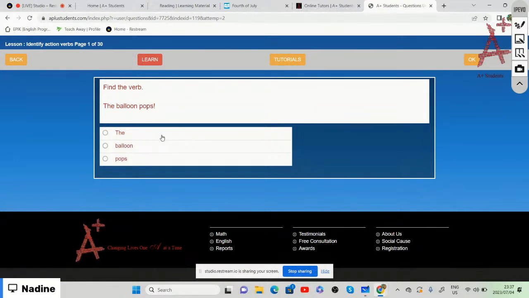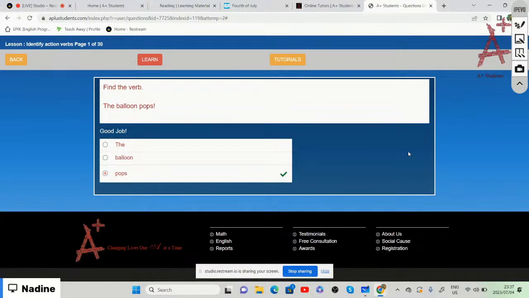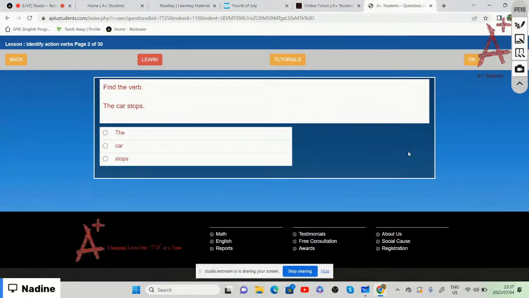Is it the balloon or is it pops, right? So we need to choose the correct word. So if you say pops, then that is correct.